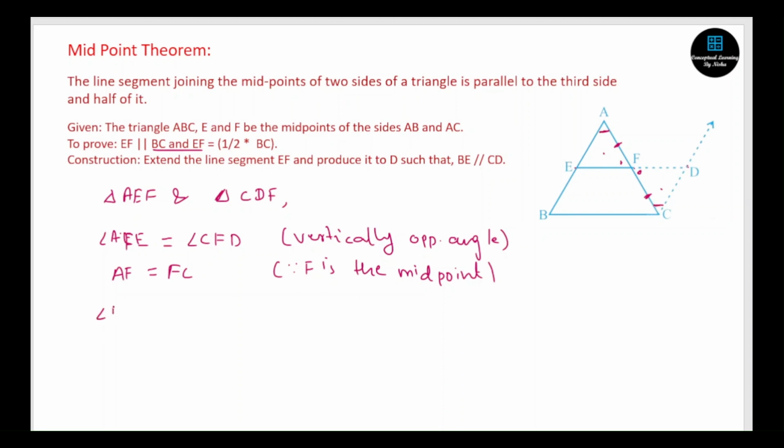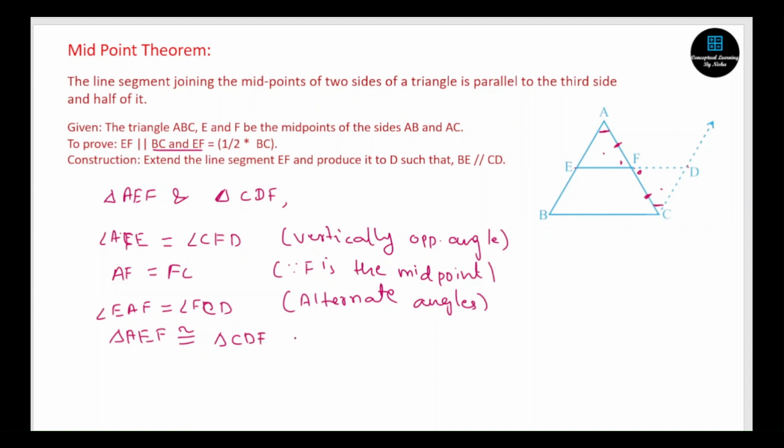So, angle EAF equals angle FCD, alternate angles. So, these two triangles are congruent, right? Triangle AEF is congruent to triangle CDF.